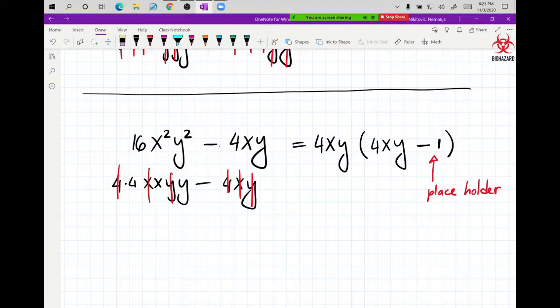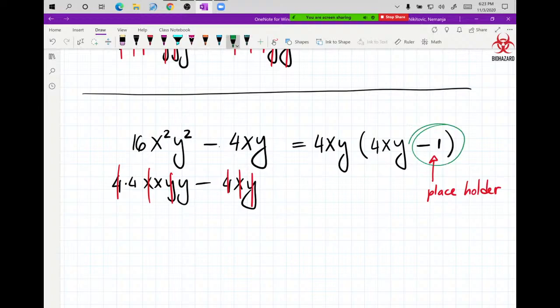So if I want to check this, 4 times 4 is 16, x times x and y times y. So this goes as a unit here, and then it goes as a unit there. And when it goes as a unit into this one, it produces the second term.